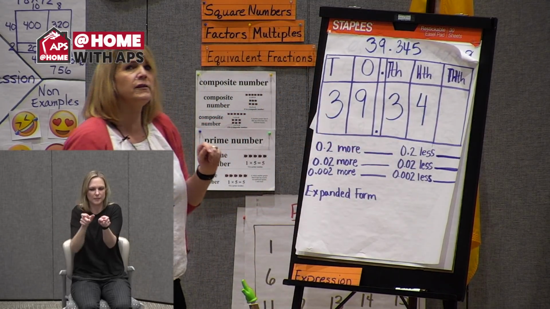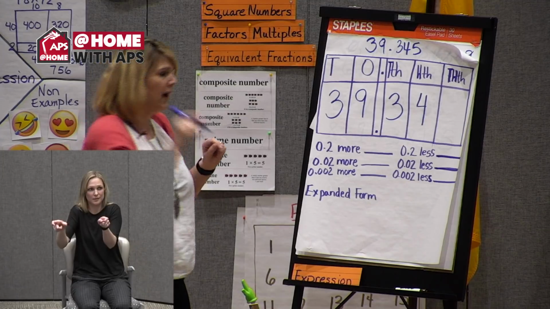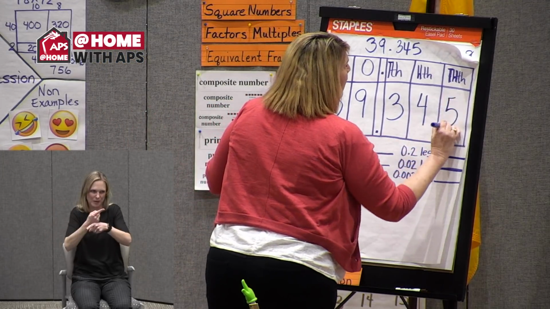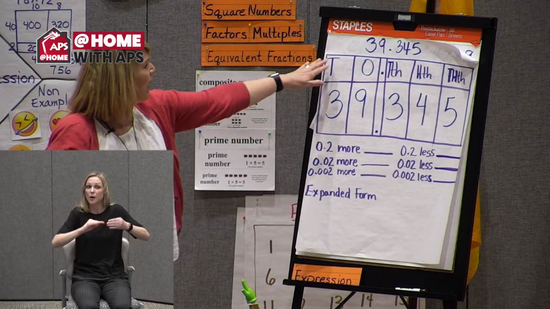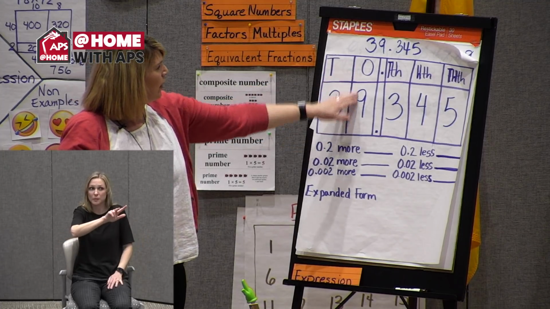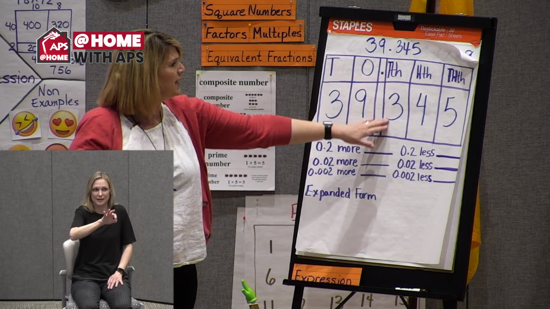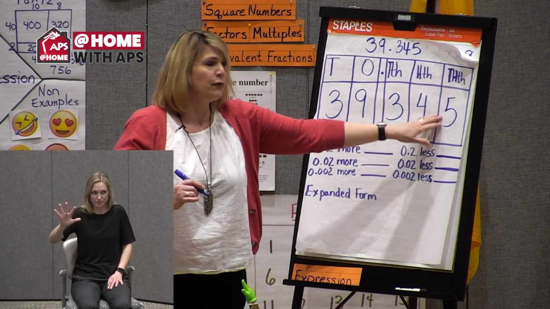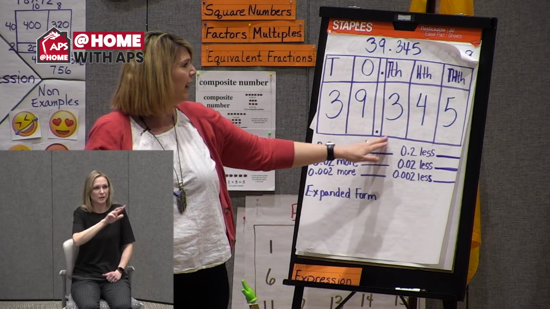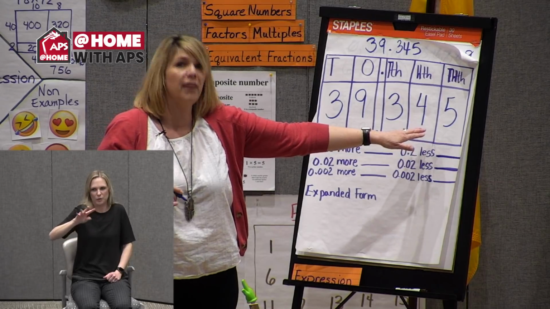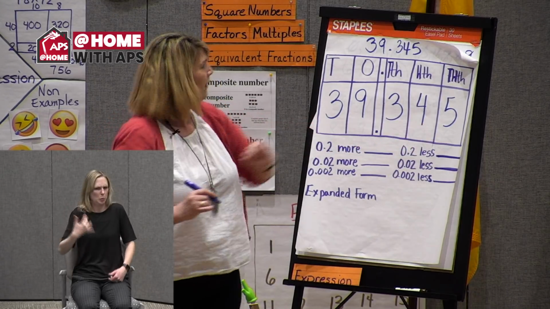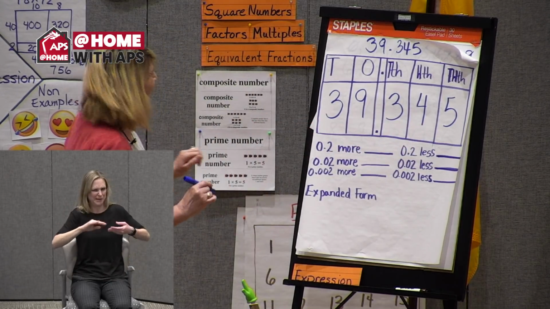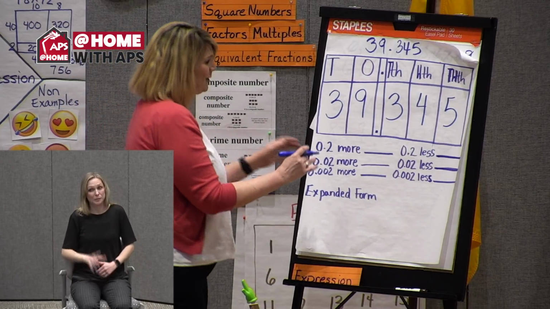What about thousandths? 5, correct. 5 thousandths. So our number, we have 3 tens, 9 ones, 3 tenths, 4 hundredths, and 5 thousandths for 39 and 345 thousandths. Wow, it's a pretty big number. At least with using that decimal it is.